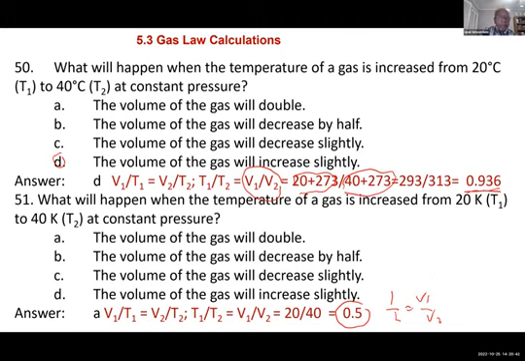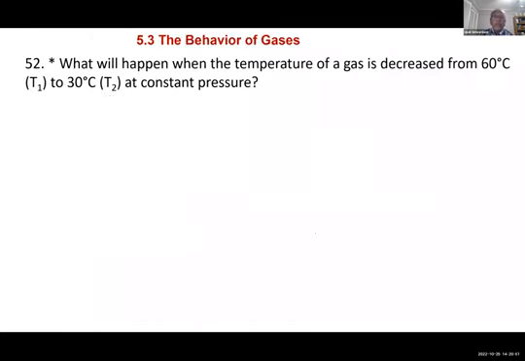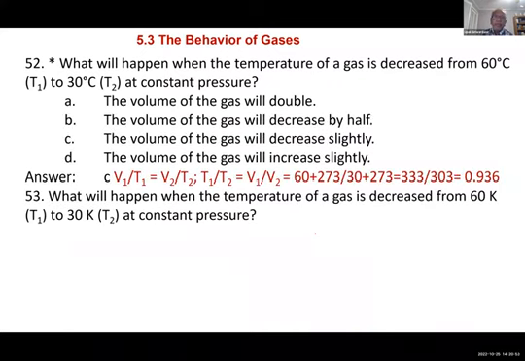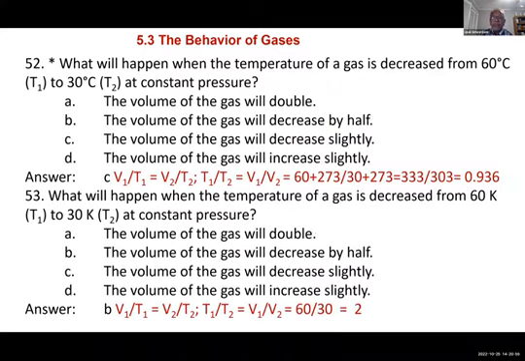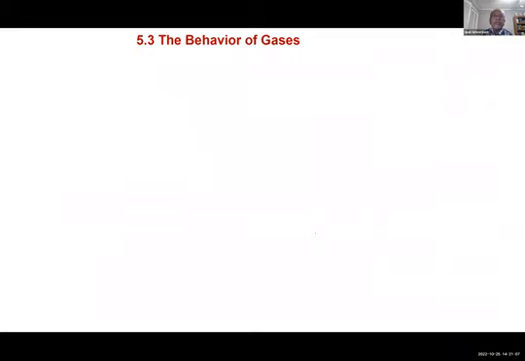So the volume is double. V2 becomes twice the V1. So similar problems. You plug in the values, you can say the volume is double, in this case on problem 53. So similar calculation.